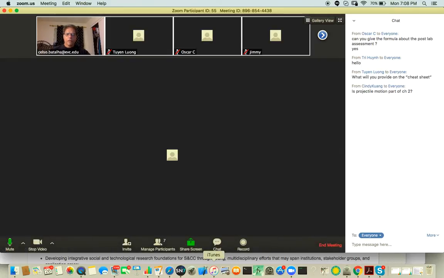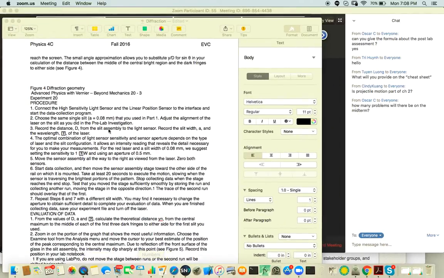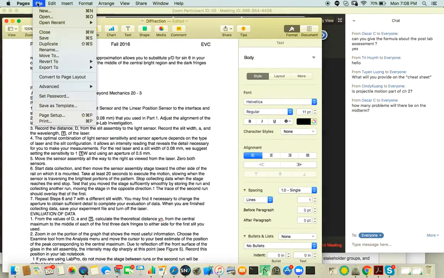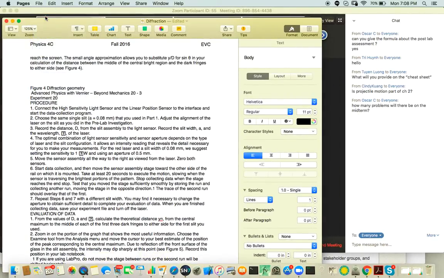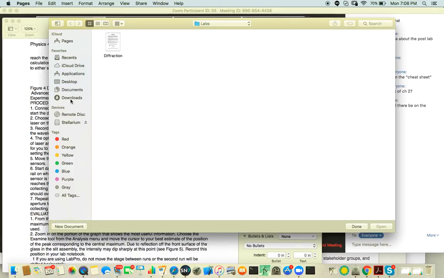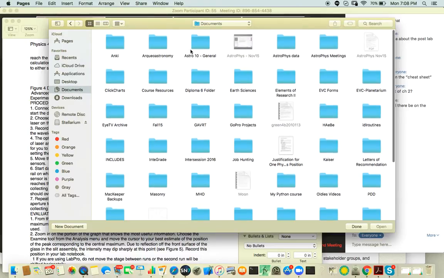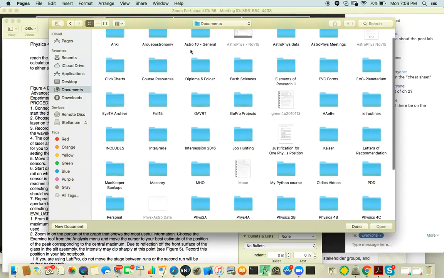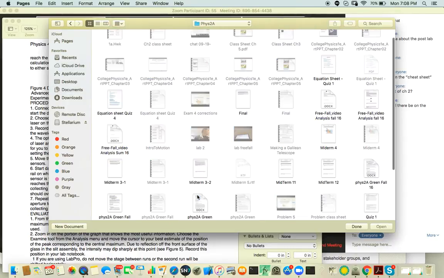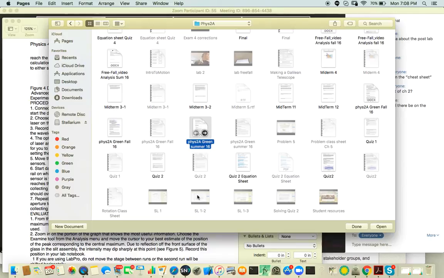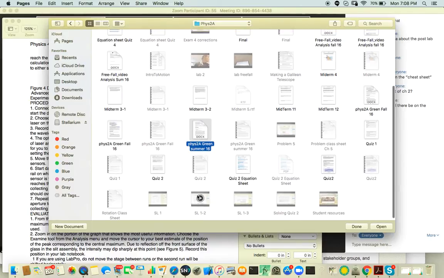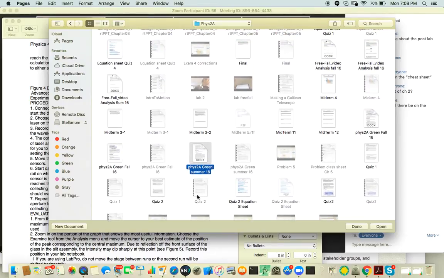I might have a copy of the formula here. Let me see. File open. I'm trying to find the formula sheet.